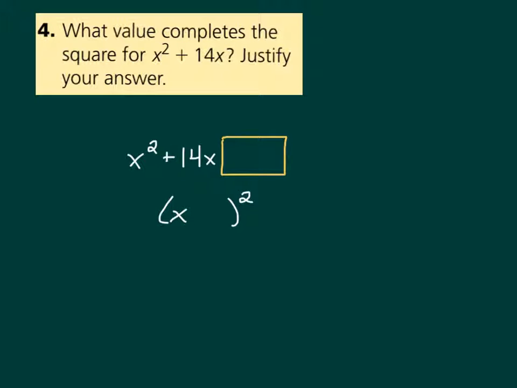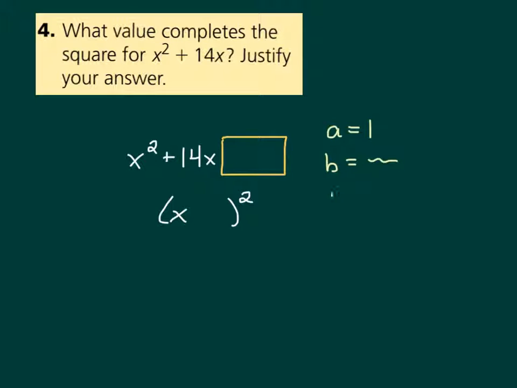When you are completing the square, if you think about this in standard form, a has to be 1. In this case, b is 14. And we are adding c. In order to have a perfect square trinomial for this process, we need a to be 1. B is just going to be some number.